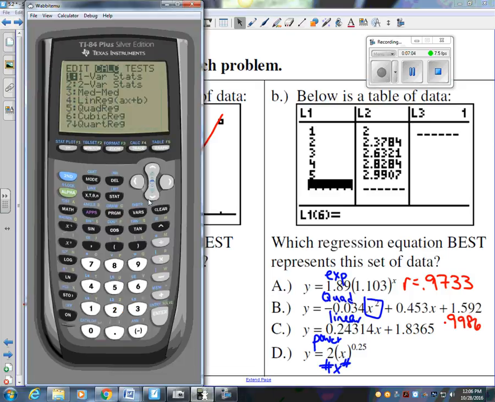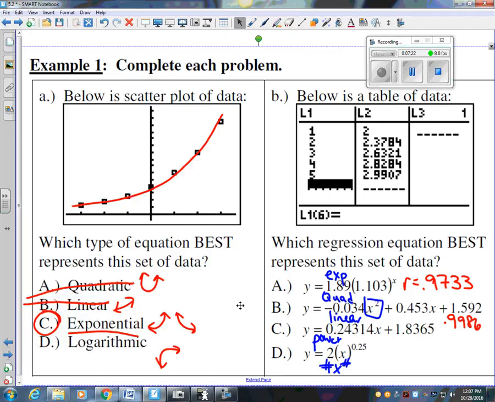Stat, calc, number 4. The R value is 0.985. And the last one, power function, is letter A.